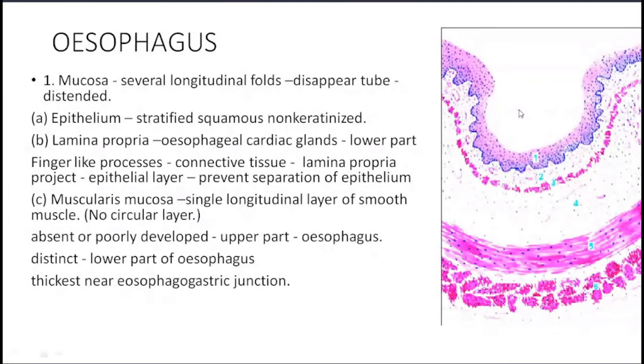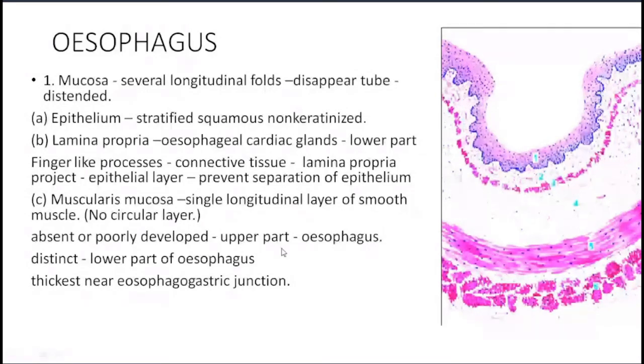Again there are finger-like processes of connective tissue into which the lamina propria projects. The lamina propria is attached to this epithelium, and this attachment prevents the separation of the epithelium from the underlying structures. So the lamina propria keeps the epithelium stuck.